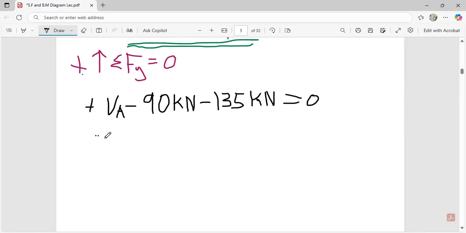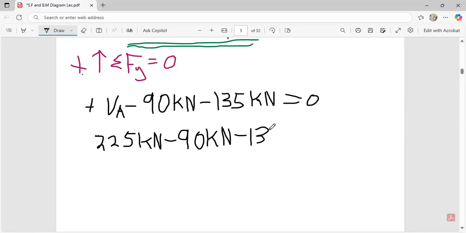The value we had for our VA was 225 kilonewton, minus 90 kilonewton, minus 135 kilonewton.